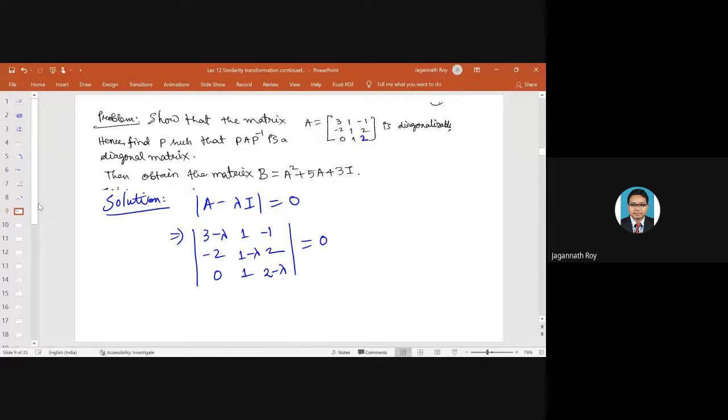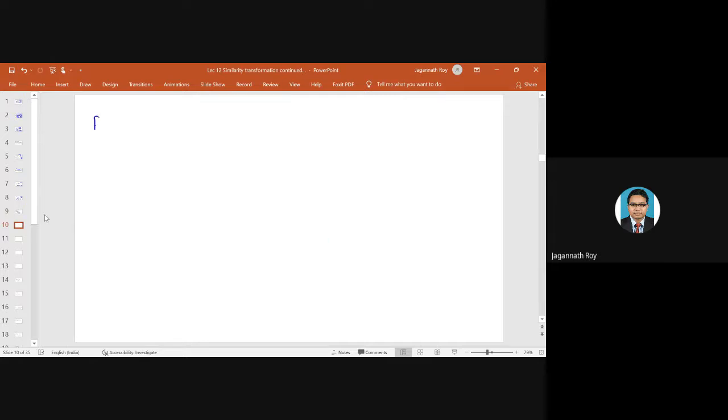Now if you expand this determinant, you will get lambda cube minus 6 lambda square plus 11 lambda minus 6 equals 0, and lambda equals 1, 2 and 3. Then for lambda equals 1, you get the corresponding eigenvector x1.